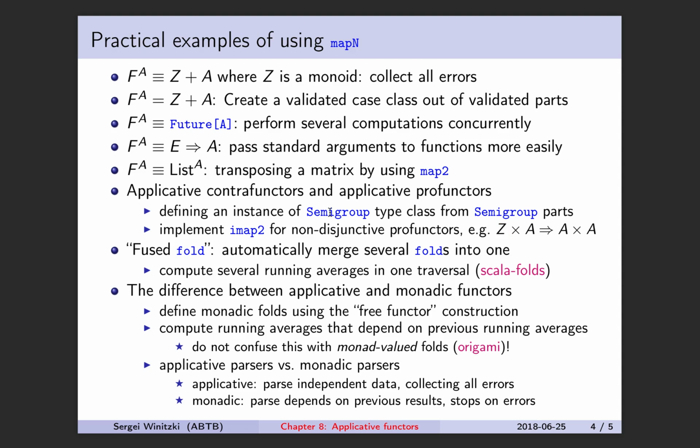So here's how profunctors can become useful. This is an example where we can define a semigroup type class instance for a type that has parts such as a tuple or a case class, where each part also has a semigroup type class instance.